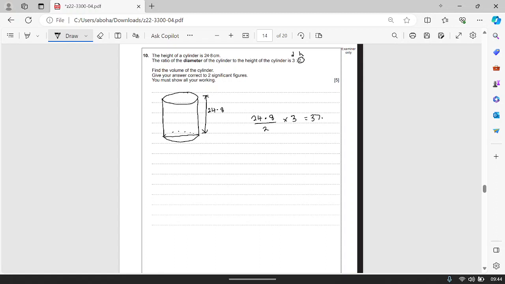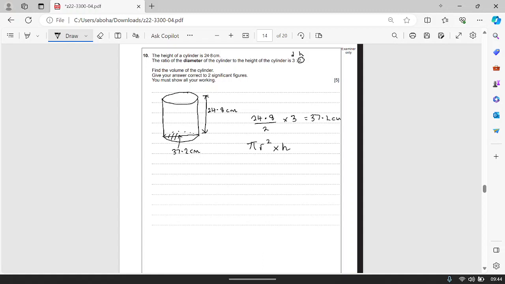So we now know that the diameter of this here is 37.2 centimeters. And we also know that that's the height there. So they wanted to work out the volume of the cylinder. So the volume of the cylinder uses the formula pi r squared times h.